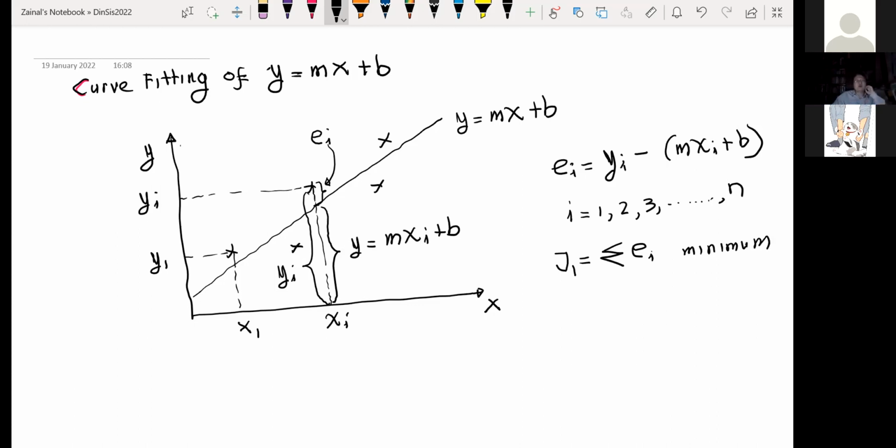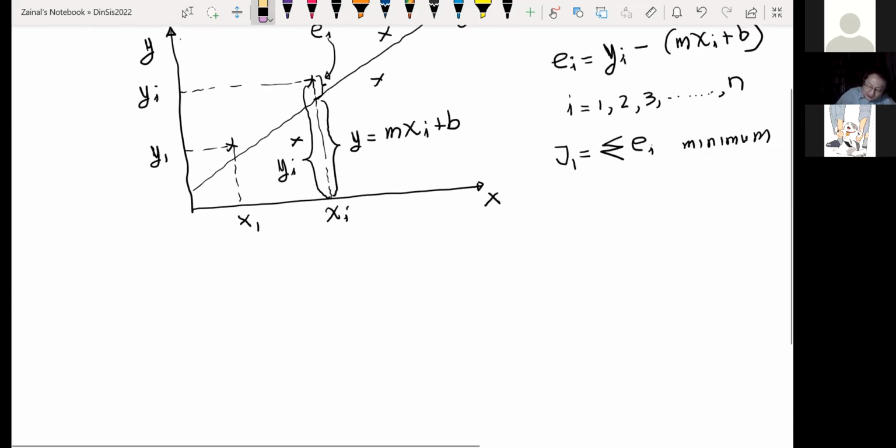But I don't like this, because sometimes ei is positive, sometimes negative. So I prefer to use this one. I want to minimize the sum of square error.